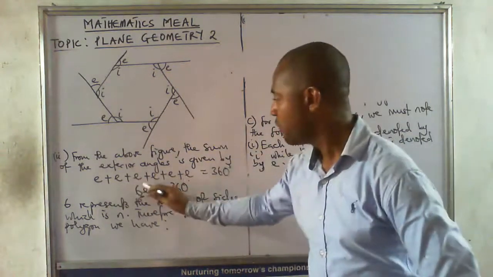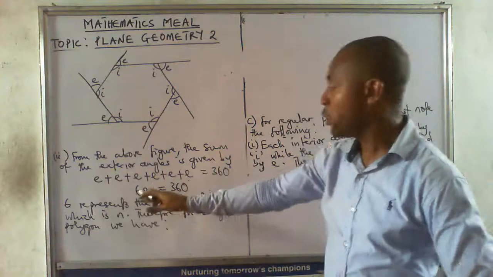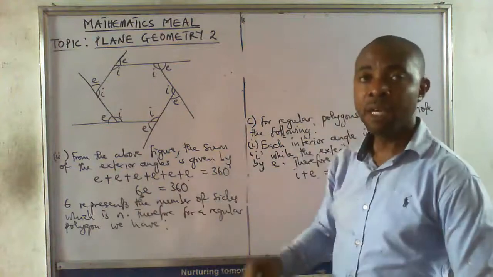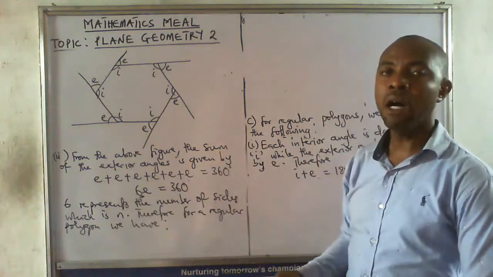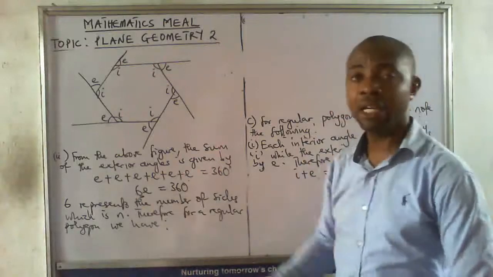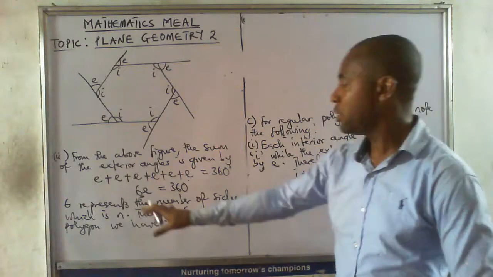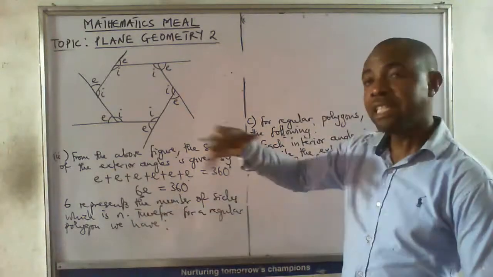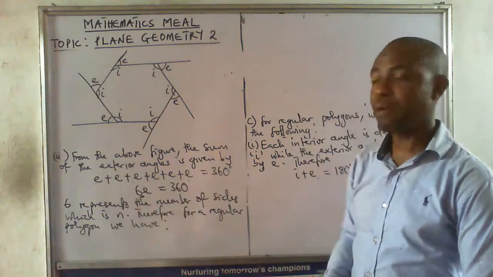So if it is a 5-sided polygon, we know we have 5 there. If it is a 3-sided polygon, we still have n there. If it is a 10-sided polygon, it is 10 that we have there. So this 6 is representing the number of sides.